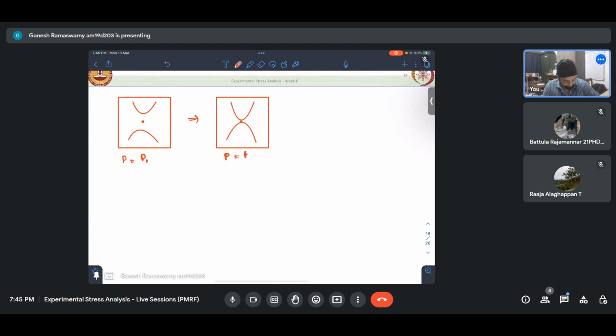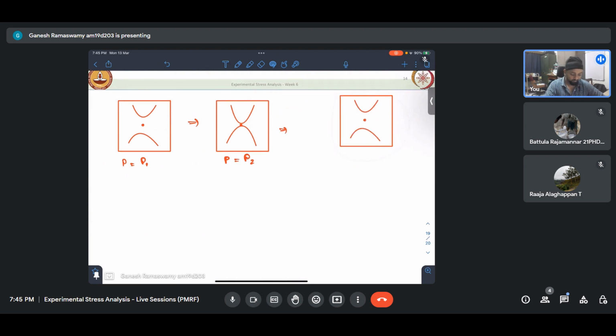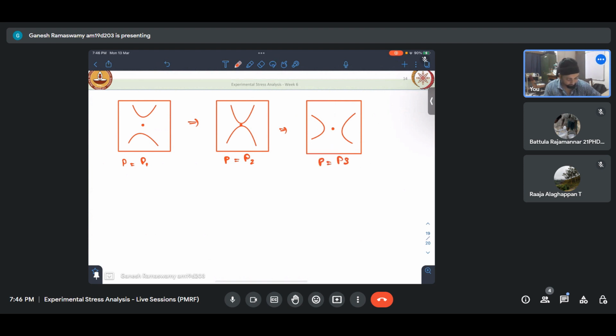Then when I further increase the load, these would have gone apart like that. So this is P equal to P3. Essentially, if I were to see this, two fringes will come, meet and separate out.